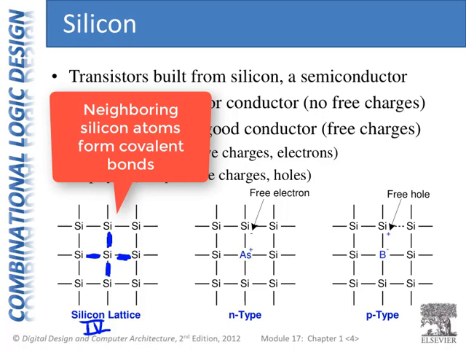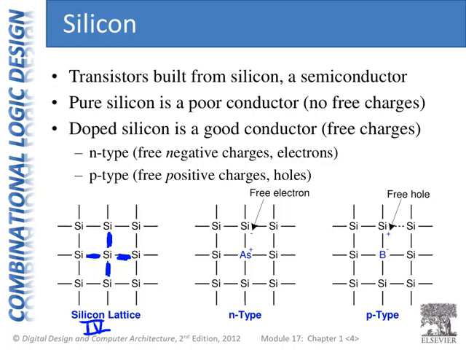They don't want to give up their electron that's in their outer shell to conduct electricity. So a silicon lattice does not conduct. However, if we dope the silicon with other kinds of atoms, then they can become conductors because then there will be free charges available to conduct electricity or conduct current.